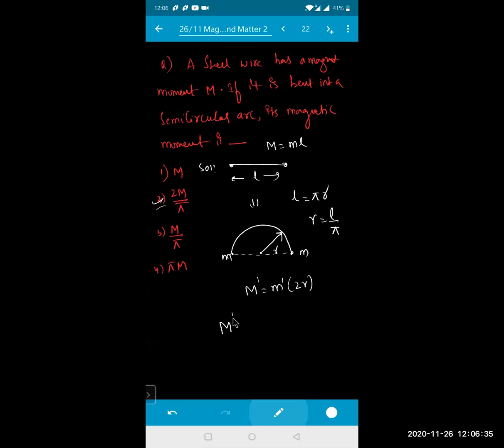The new magnetic moment M dash is m into 2R, as the pole strength is not going to change. That is 2 into L by pi, m into L is capital M. So it is 2 times capital M divided by pi. So that is your answer. Is that clear?